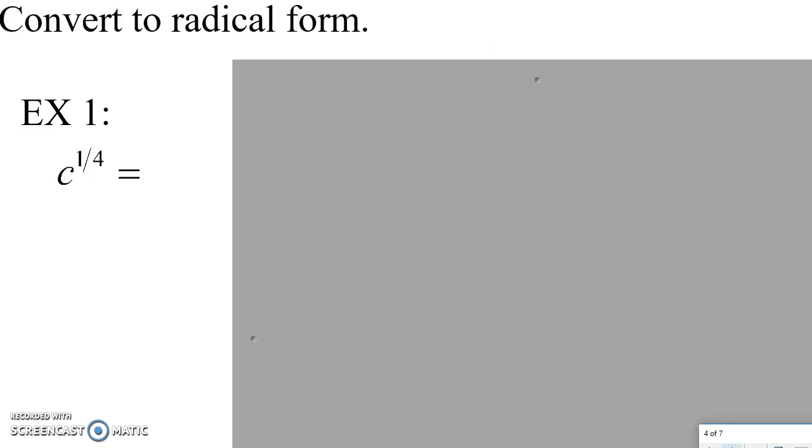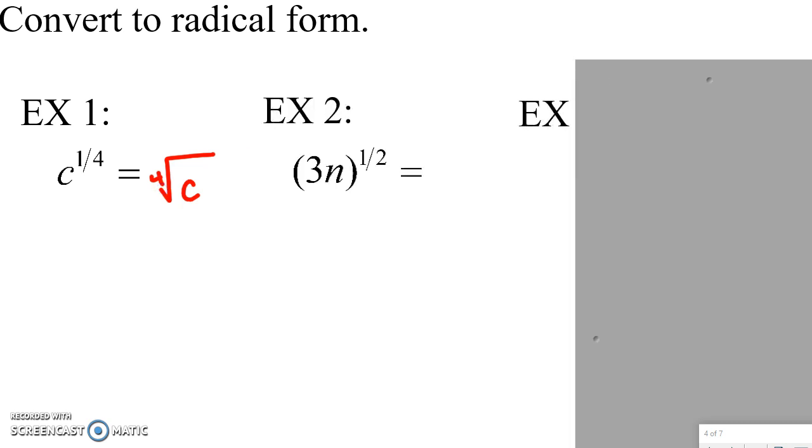All right, so let's just kind of practice this a little bit. So c to the 1/4, I want to write in radical form. So I put my root symbol. C is the base, so that's underneath, and then the fourth root, so that little 4 goes outside. Okay, 3n is what's inside, so that is the base. That all goes under the radical. And then 1/2.